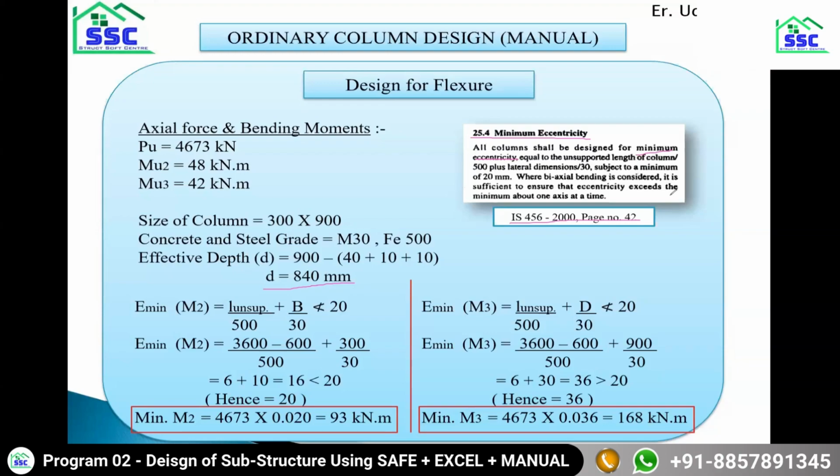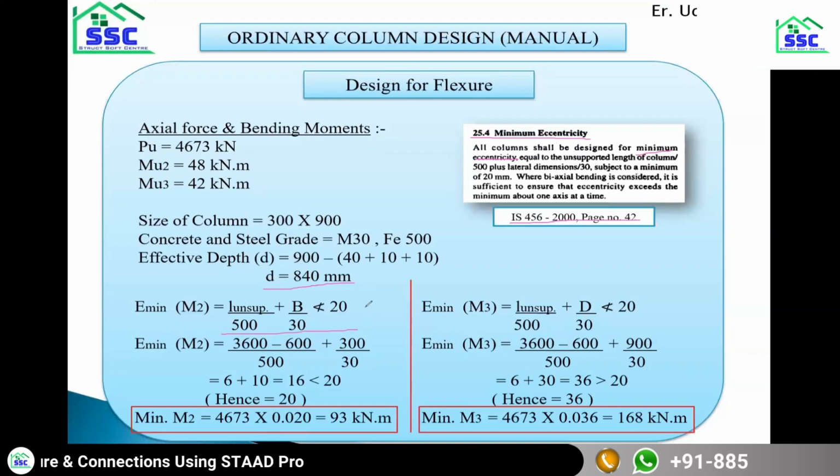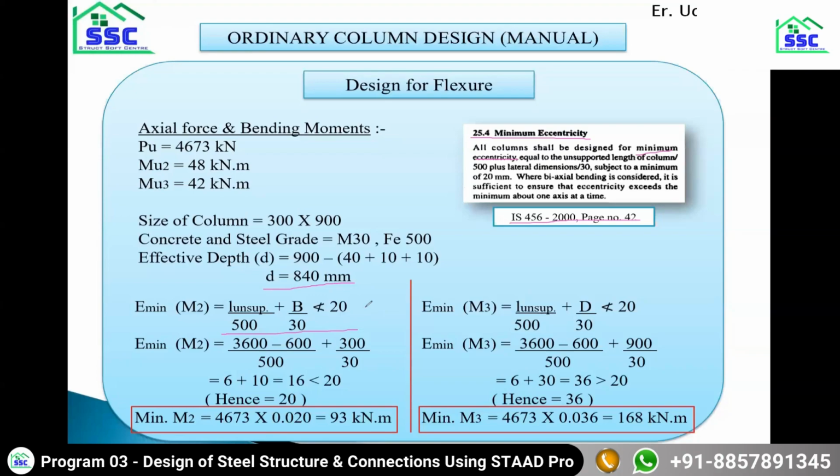You can consider it about one axis at a time, and the formula works out to be unsupported length divided by 500 plus whatever is your lateral dimension in which you are calculating the eccentricity divided by 30. But in no case should it be less than 20 mm. So unsupported length in our case will be the story height minus the depth of the beam in the story above.